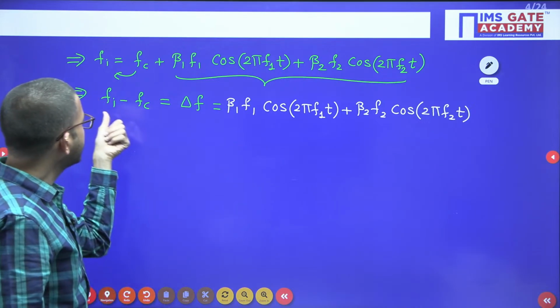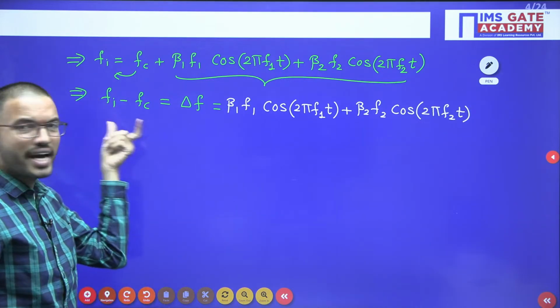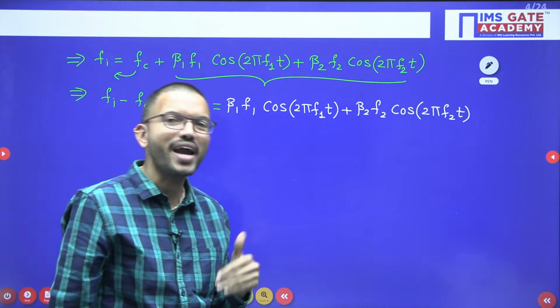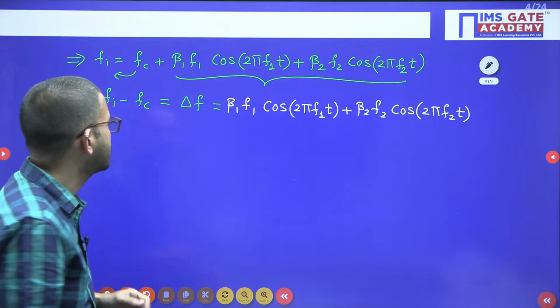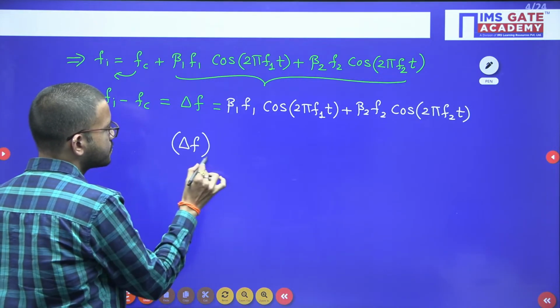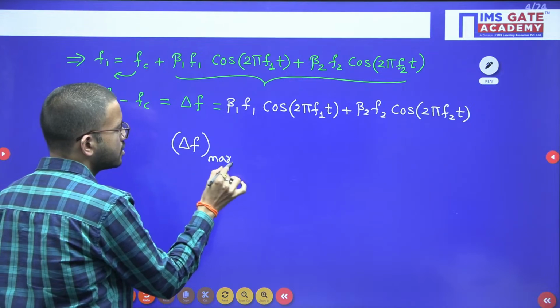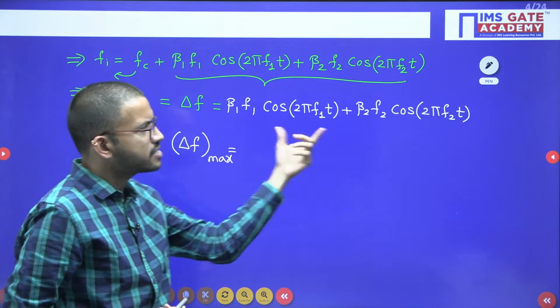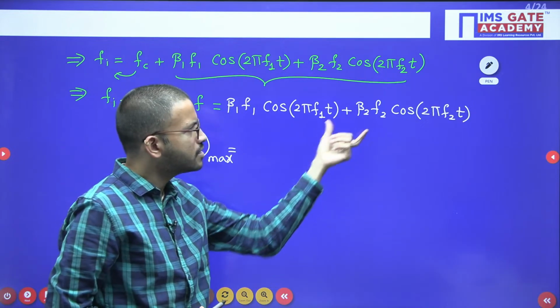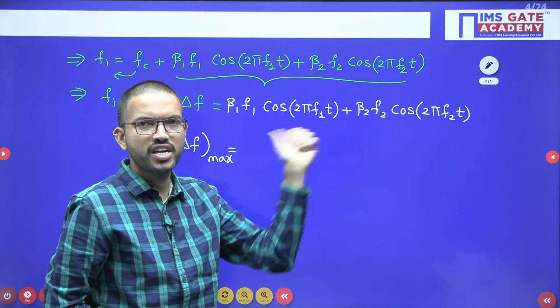Okay, the instantaneous frequency minus carrier frequency is nothing but frequency deviation, but in this question they are asking maximum frequency deviation. So that means we have to calculate delta f max. So here on the right hand side you are having 2 terms, and both the terms we are performing addition operation, right?